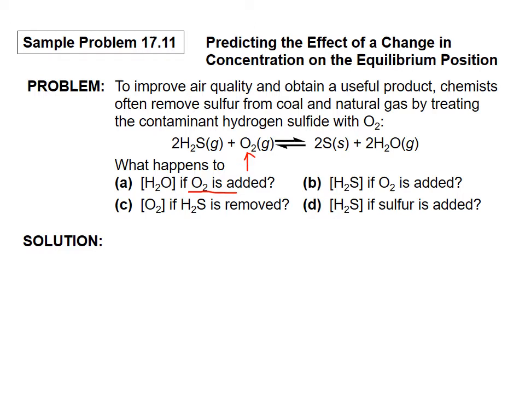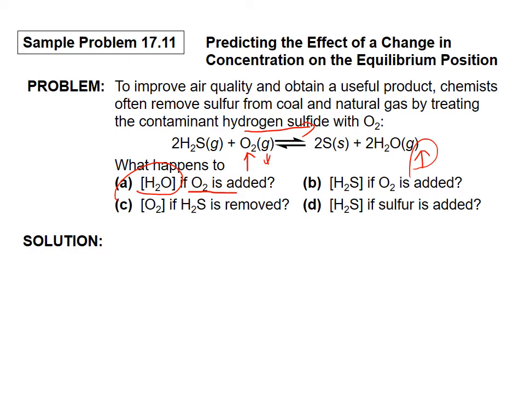That means the reaction will go in the direction that decreases oxygen, and that is the forward reaction, because the forward reaction will consume the reactants and at the same time increase the product. Therefore that gives our answer: the water concentration will increase. The reaction goes forward and increases water concentration.